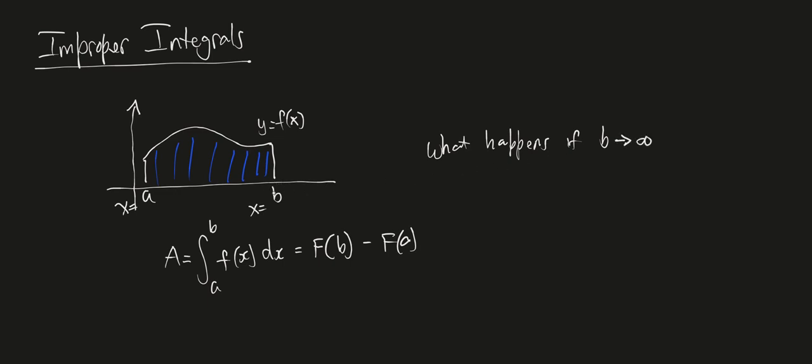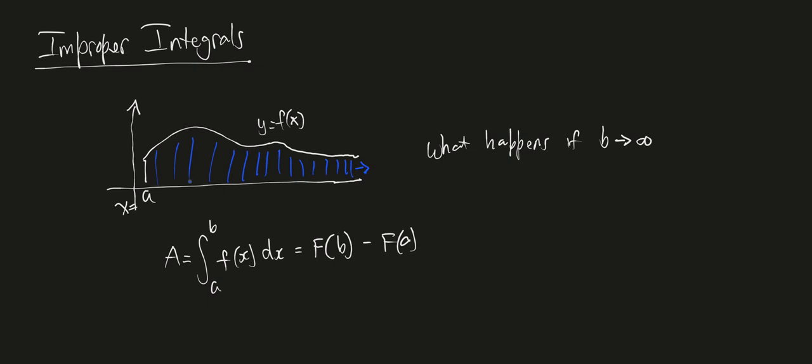So what if there was a slider here, and you kept pulling your b further and further to the right so that the area is no longer bounded here, so it no longer stops at that point, but instead your function goes on forever, and so does the region? So what if that happens? Does it mean that the area has to be infinite, if the interval of integration is infinite?